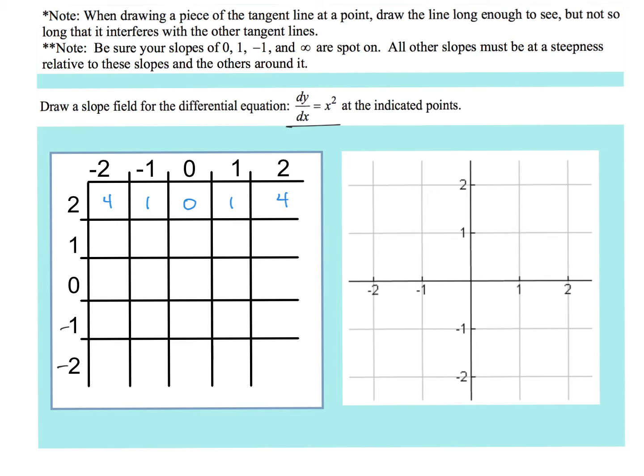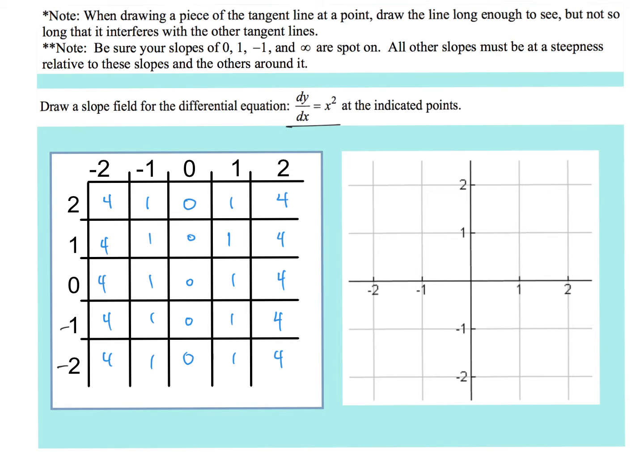Will my y value change anything here? No. So it's going to be 4s all the way down, 1s all the way down through there, and 0s all the way down through there, and so forth. My y's aren't changing anything because this is an explicit form.